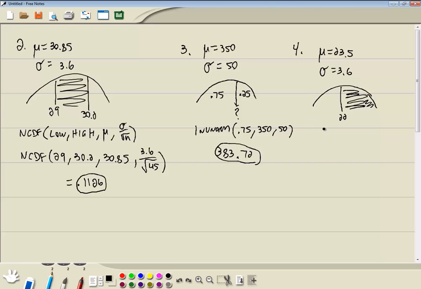Okay, now it says a patron. We're talking about 1. So we're going to be using the formula normal CDF, low, high, our mean, and then standard deviation. So we'll do normal CDF, our low, which is 22, comma our high, which is E99, comma our mean, which is 23.5, and then our standard deviation, which is 3.6.